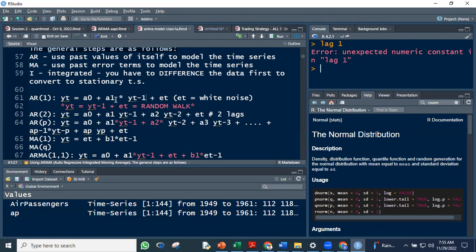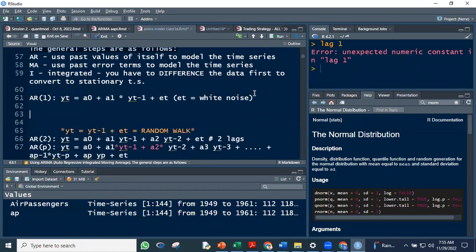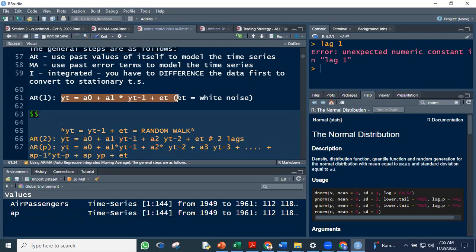I'm sorry, hindi ko na-convert into LaTeX. It would have been better kung nakita natin siya as LaTeX. Pakita ko lang yun. Why don't I do it? You know how to do LaTeX naman, di ba? Diniscuss natin yan. Shift, okay, $, Y. Copy ko to.